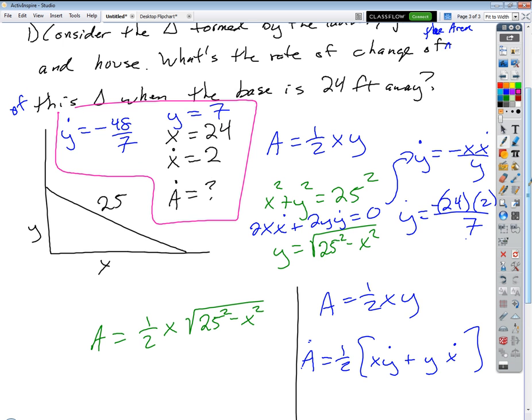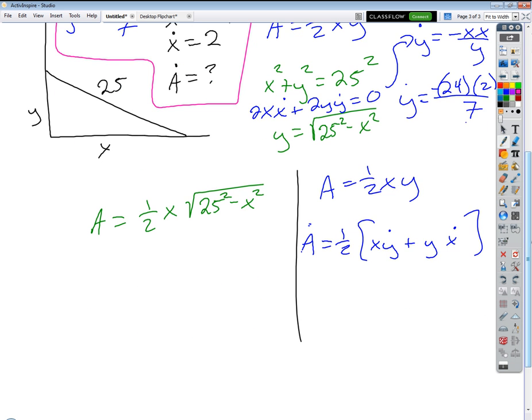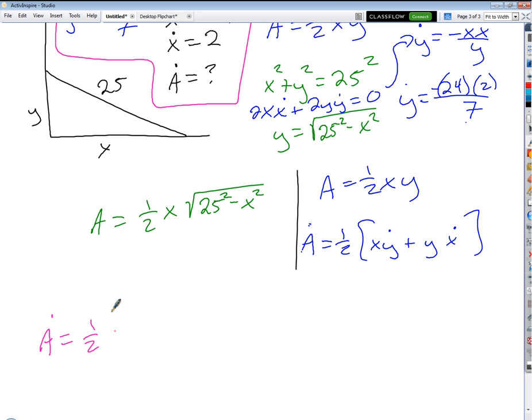So what do we get when we do that then? A dot equals 1/2 parentheses, x was 24, times negative 48 over 7, plus y, which was 7, times 2.